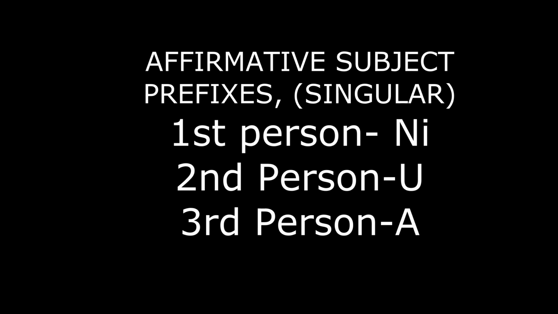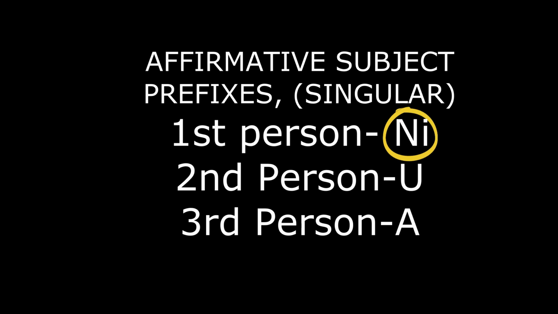First person, as in I, second person, you, and third person, he or she. Now let us go through them one by one. We have to learn them in singular, and then we have to learn them in their plural form.